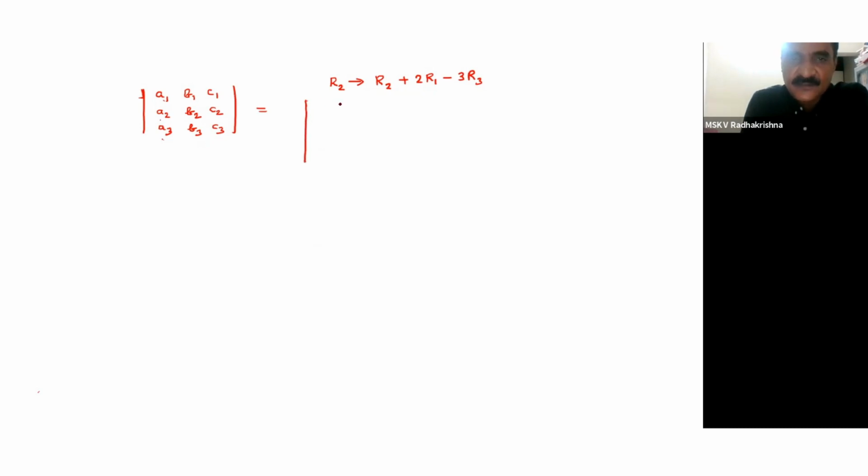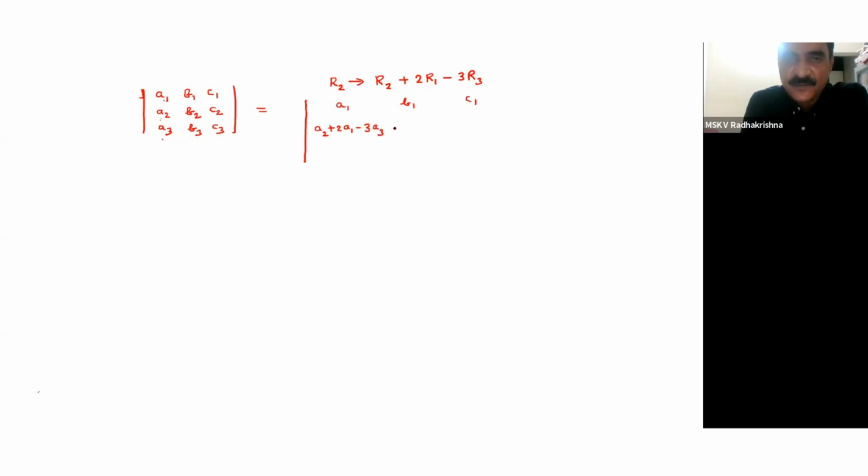So R1 remains as it is: A1, B1, C1. What is the new second row? A2 plus 2A1, not minus 2A1. A2 plus 2A1, second row plus 2 times first row, minus 3 times third row, A3.